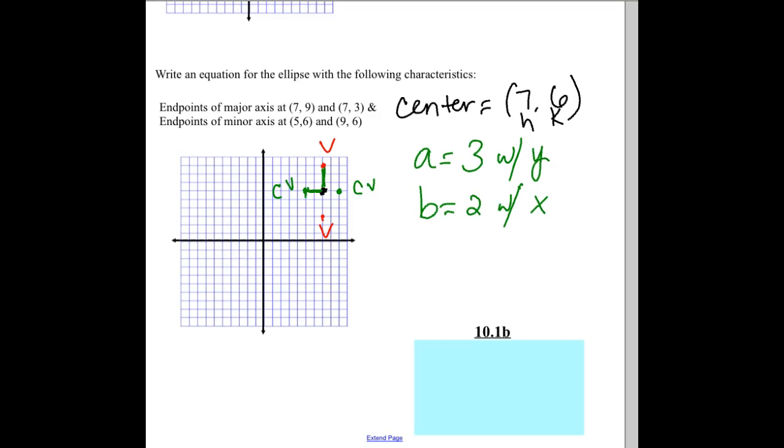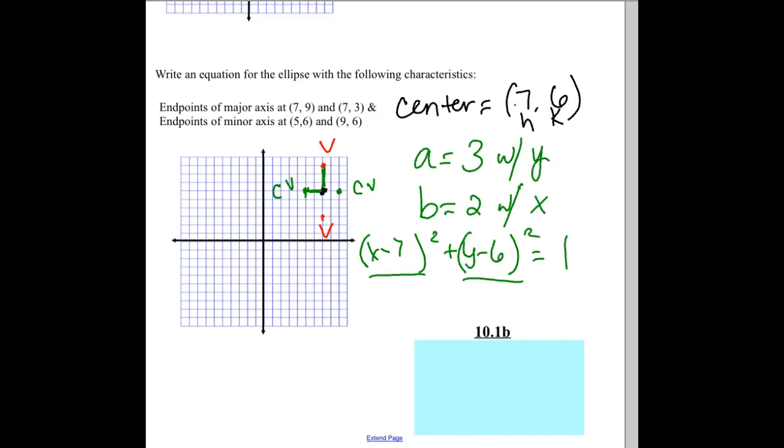So, do we have everything we need to write our equation? Yes. So we are going to start out in the first parenthesis. We put x minus h, quantity squared. So x minus our 7 here. In the second one, we put y minus k. So y minus 6.